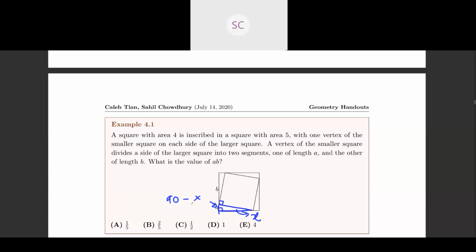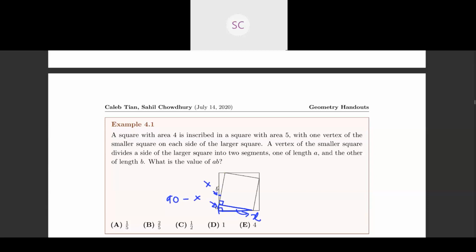And we know 90 minus x plus 90 plus whatever this angle is must be equal to 180, right? So we know this angle right here must be x, because 90 minus x plus x is equal to 90, and you add 90 plus the right angle, it's 180. So this triangle must in fact have an angle of x.